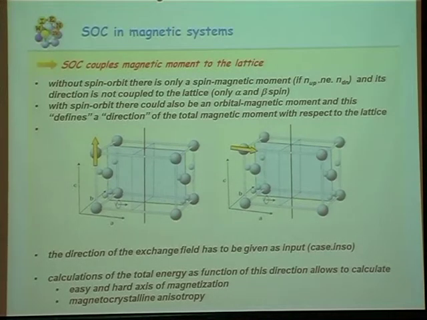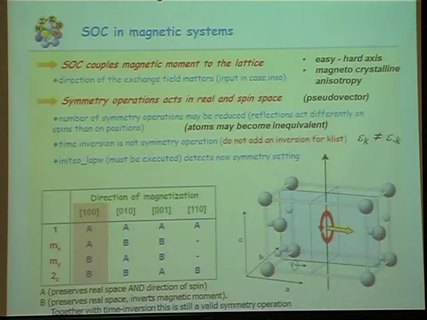Okay? So this is done in such ways, and the consequence is that spin-orbit coupling in magnetic systems also eventually reduces the symmetry.